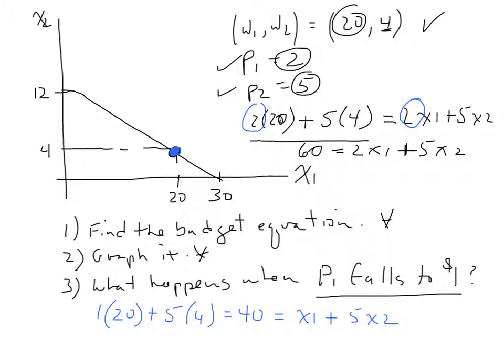If we spend all of our money on good 1, we can buy 40 units. If we spend all of our money on good 2, we could buy 8 units. And that should be a rotation through the endowment point. So we are moving down here, but we're moving out here. Okay?